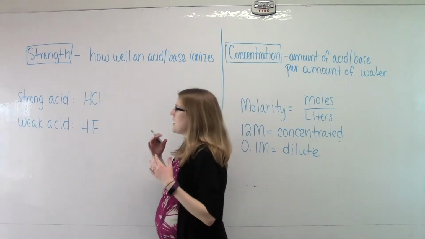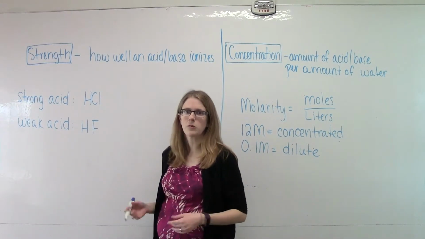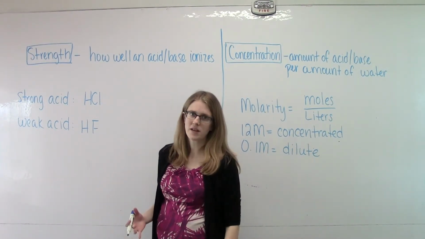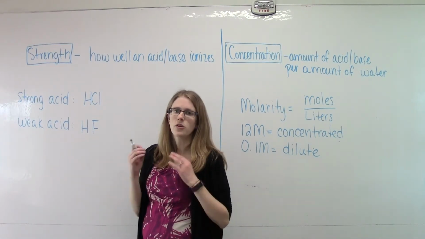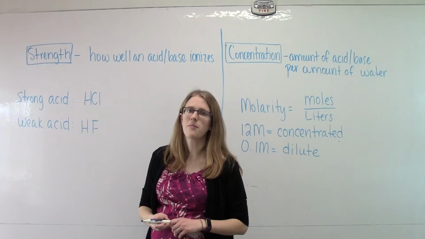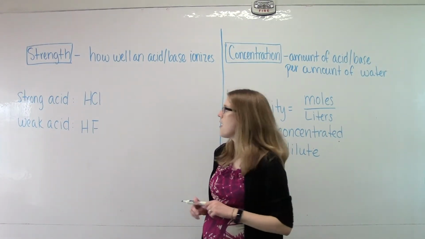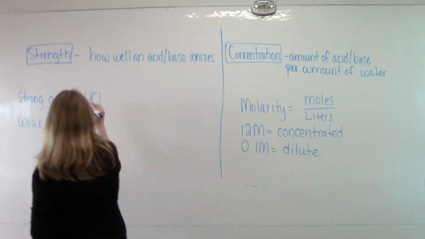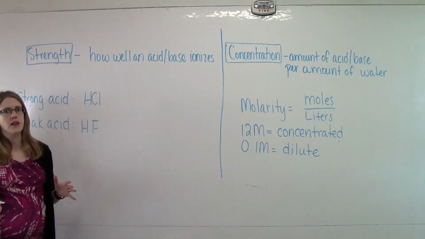So now, how do you know which acids and bases are strong and which ones are weak? You just memorize them. There's not a whole lot of patterns. It seems kind of random. You just have to put the time in to memorize them. And yes, you do need to. So I would start working on that, okay? But a strong acid is one that ionizes almost completely.